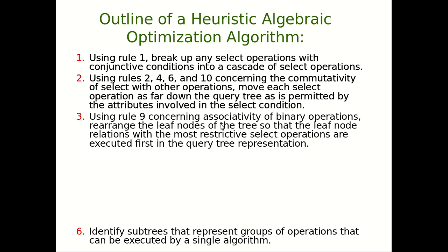Next, using rule 9 concerning the associativity of binary operations, rearrange the leaf nodes of the tree so that the leaf node relation with the most restrictive select conditions is executed first in the query tree representation. Please go back to your original example.